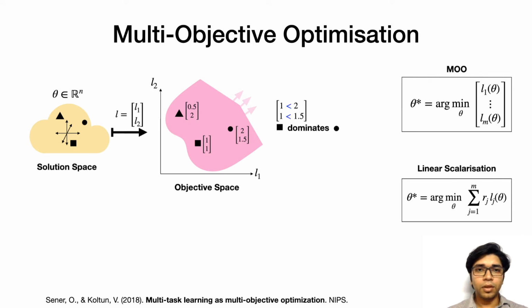In this example, the square point is a better solution than the circle point because both of its loss values are lower. So we say the square point dominates the circle point. But not every pair of points are comparable like this. Here, neither the square dominates the triangle nor vice versa.